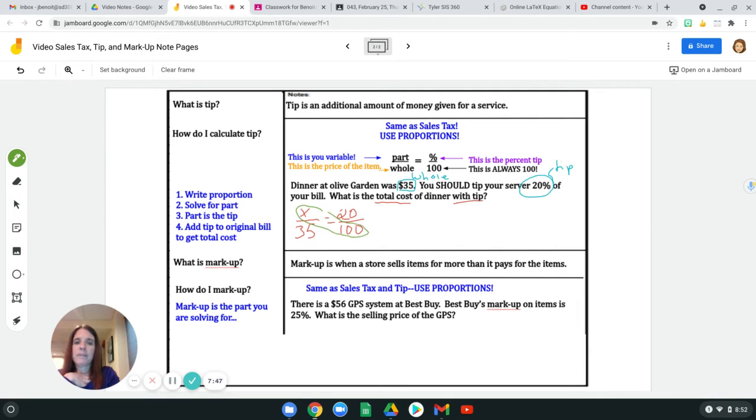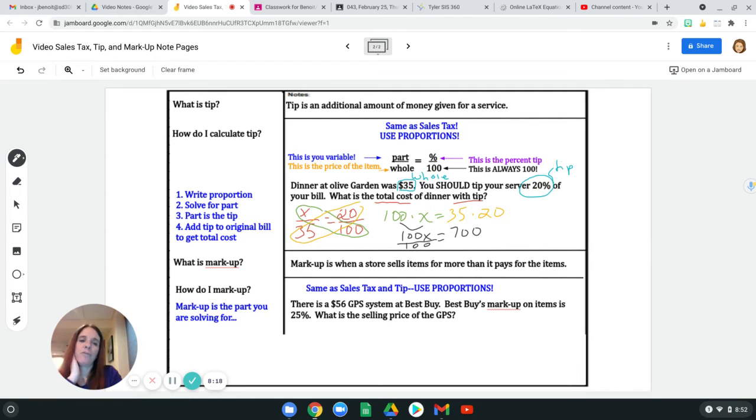Numerator times opposite denominator. 100 times x is equal to numerator times opposite denominator, 35 times 20. All right, 100 times x is 100x. 35 times 20 is 700. 35 times 2 is 70 and add a 0.